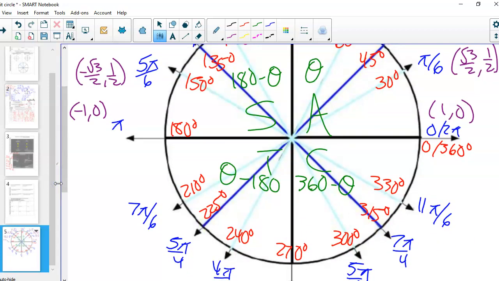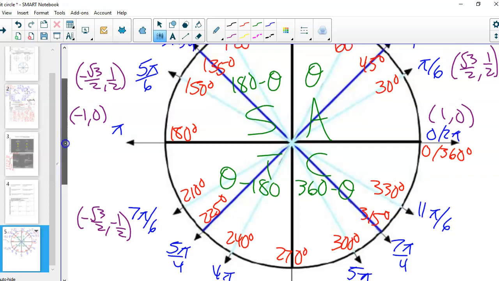210 minus 180 is 30. So if we're looking at 30, it's going to be this ordered pair, but tangent is positive, so both of these are now negative. 225 minus 180, we did that one as well.